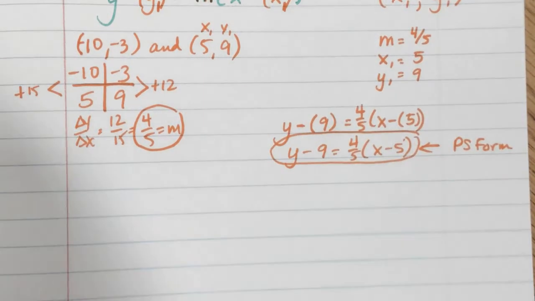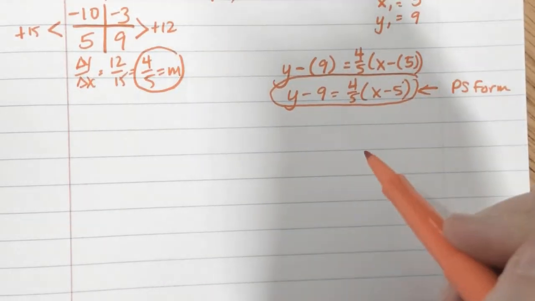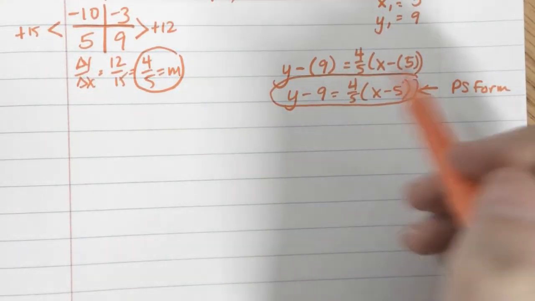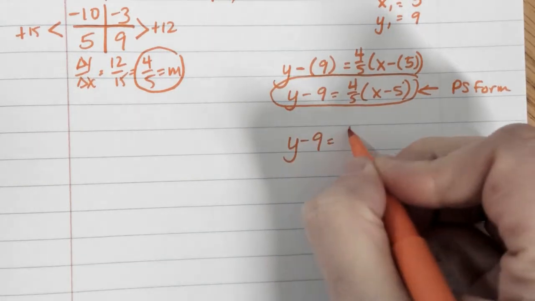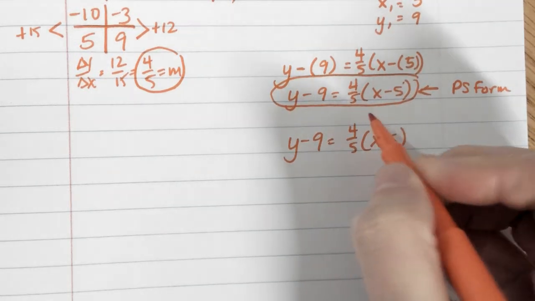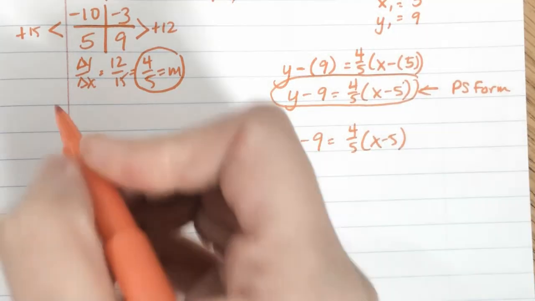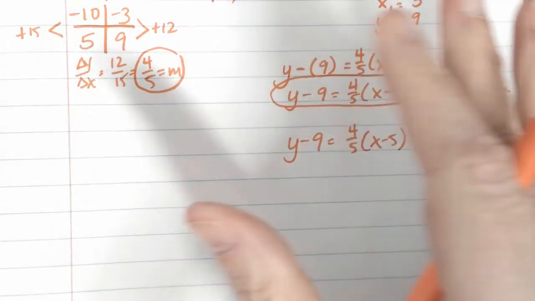Now, if I want to take it a step further and write this in slope-intercept form or find the y-intercept, all I have to do is keep solving. So I have y minus 9 equals 4/5 x minus 5. The first step when we solve equations: first we distribute, then we combine, then we isolate.